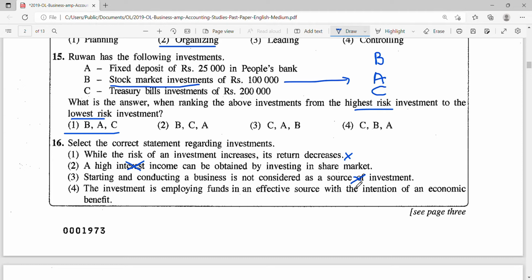Finally, the investment is employing funds in an effective source with the intention of an economic benefit. Yes, they have defined investment, and how investment is defined is that you employ your funds in an effective source so that you have an intention of getting an economic benefit. So, number 4 is the correct answer.